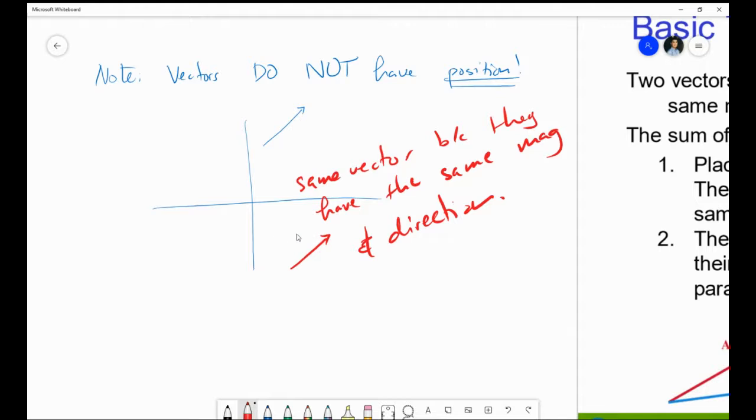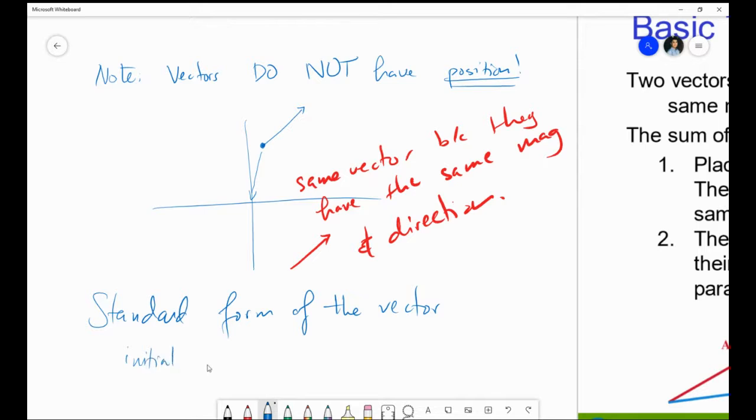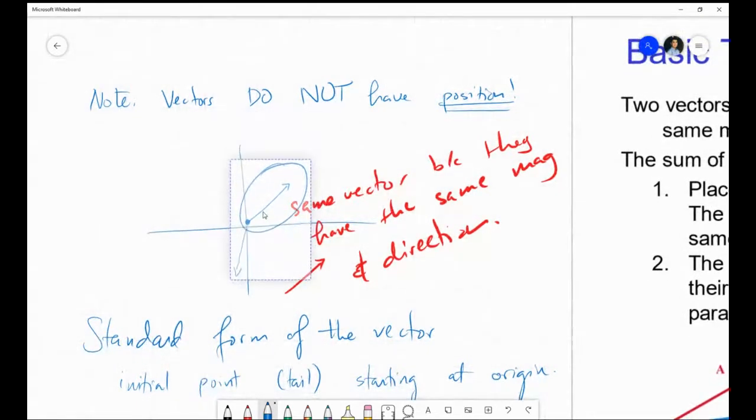We talk about the standard form of an angle; well, we also have a standard form of a vector. A standard form means that the initial point, or the tail, of the vector will move to the origin. So I can move this vector right here to here.